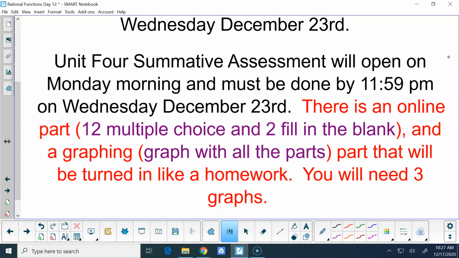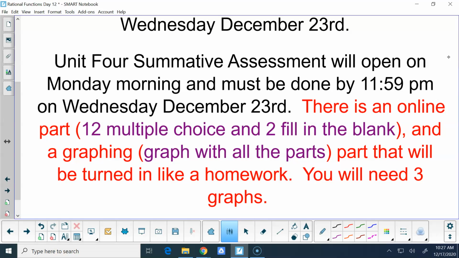Part 2 is going to be turned in much like a homework is going to be turned in. Okay? So part 1 counts for 17 points. Part 2 counts for 15 points. Each graph is 5 points.